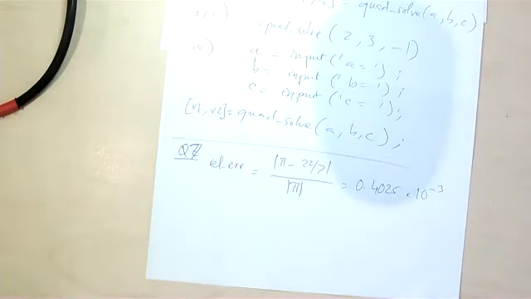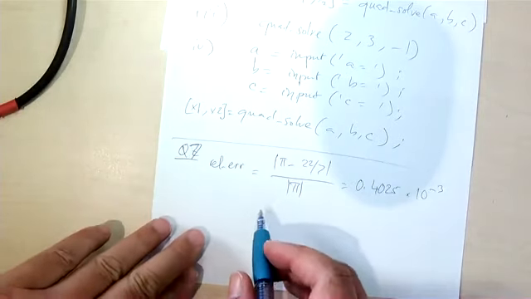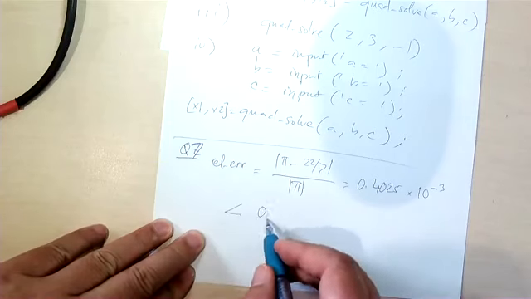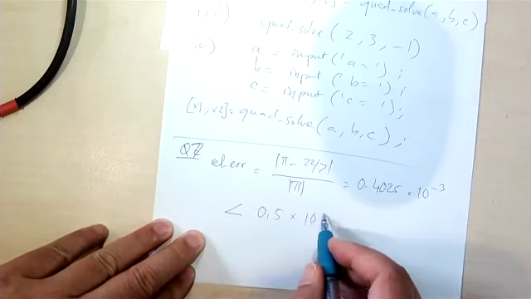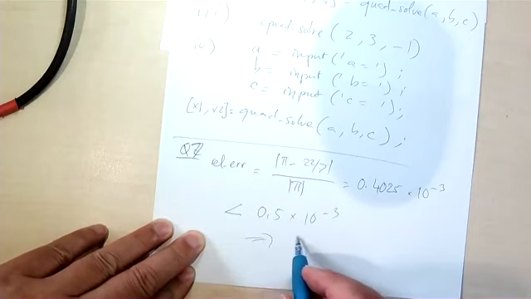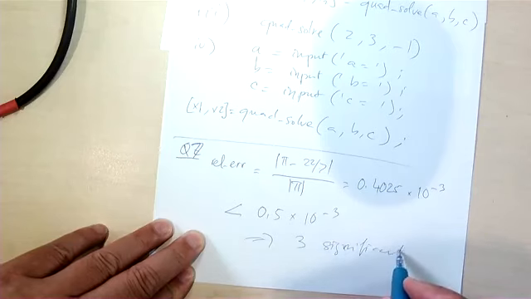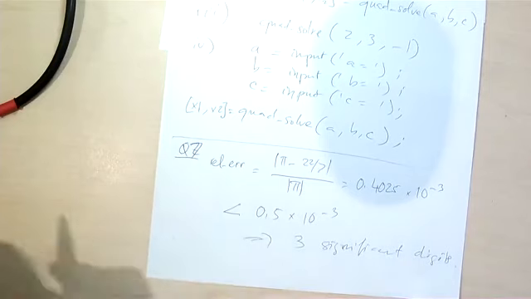But now what I want to focus on is the number of significant digits. This one is less than 0.5 times 10 to the minus 3. So it means that I have 3 significant digits. The definition of significant digits was given in the lecture note in chapter 2.